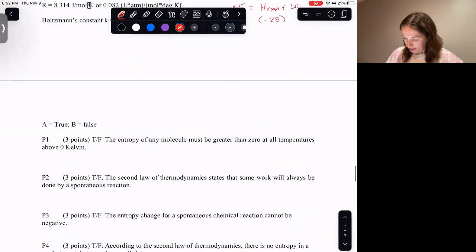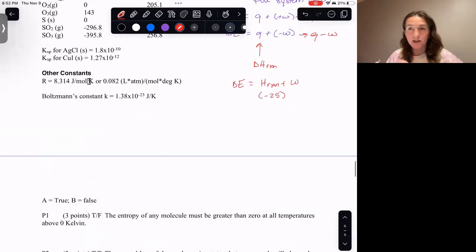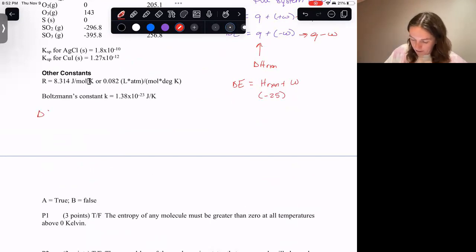Okay, so that's a really good question. I had a question about delta G and delta G naught. Whenever we're looking at a question, we can have delta G naught of a reaction or delta G of the reaction. This naught tells you you're at standard temperature and pressure.